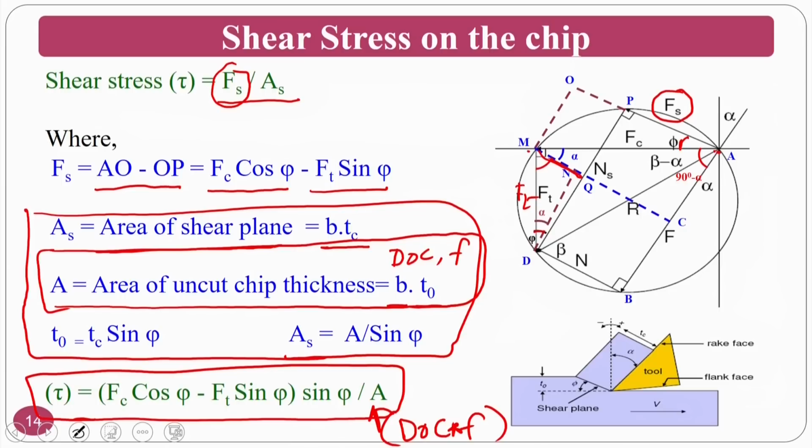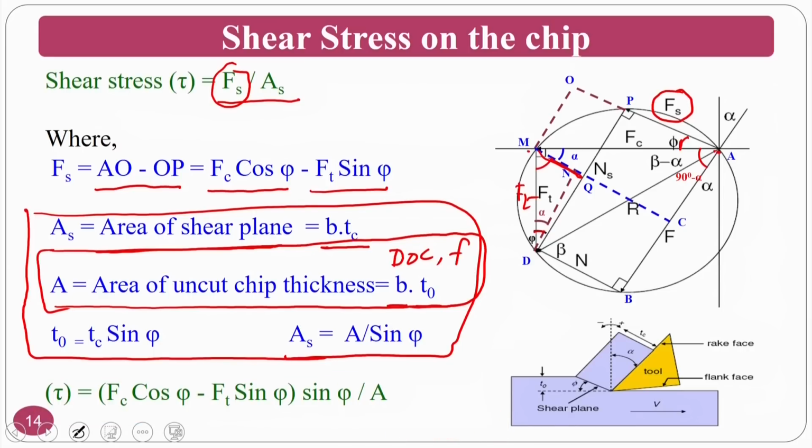This is for orthogonal metal cutting. If it is oblique metal cutting, some other terms will come into the picture because there will be a slight inclination. Since we are studying only the orthogonal metal cutting operation, this is how you can calculate the shear stress.